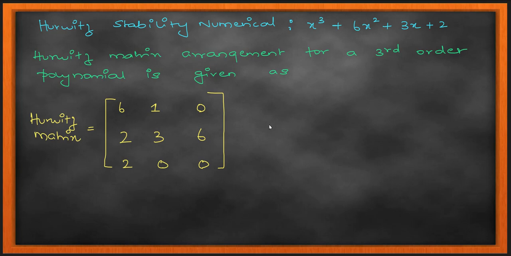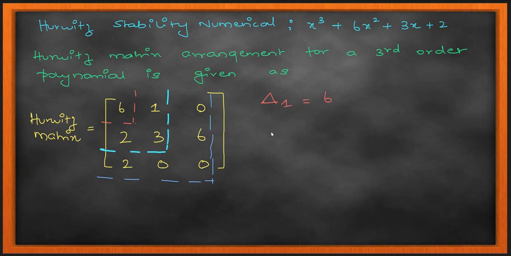Since it's just a 3 by 3 matrix, the first row consists of the first two elements of the polynomial. The second row consists of the last three coefficients, that is 2, 3, 6.